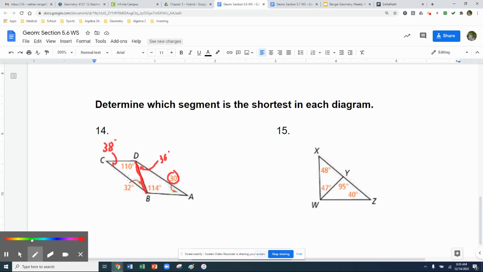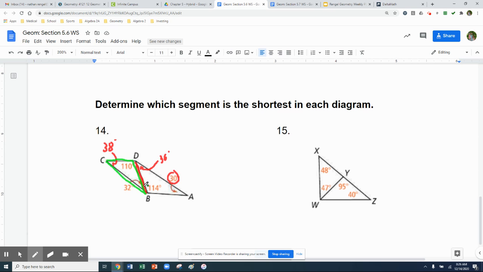But now let's look at the other triangle, CBD. That same side is opposite of the 38. Now the 38 is not the smallest angle that I see in that triangle. So in that green triangle, the 38 degrees is opposite that red side that I highlighted, which is the smallest of the ABD, but it's not the smallest of the green triangle.